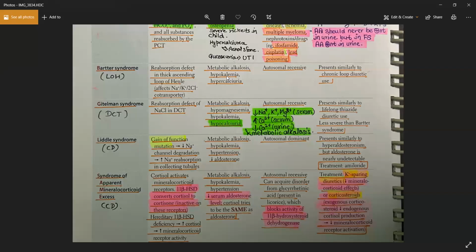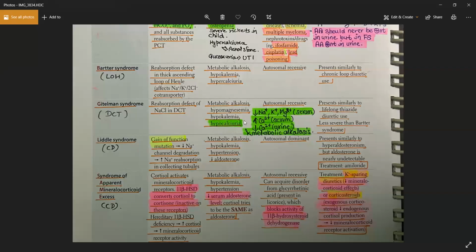So whenever you hear Bartter syndrome, think about the loop diuretics. Similarly, whenever you hear Gitelman syndrome, think about the thiazide diuretics, which inhibit the sodium chloride channels in the DCT. As a result, you will have metabolic alkalosis, hypomagnesemia, and hypocalciuria, because you have reabsorption of calcium. I told you the thiazide diuretics can do that.